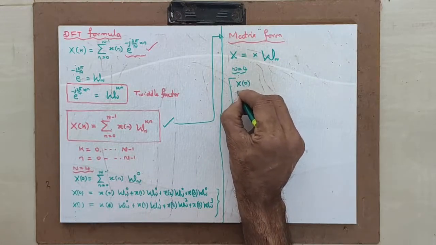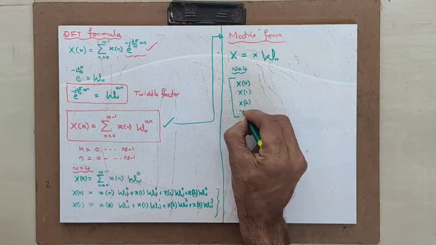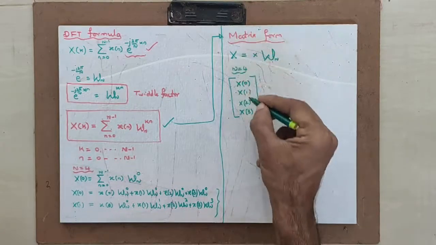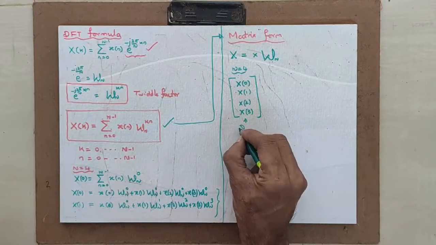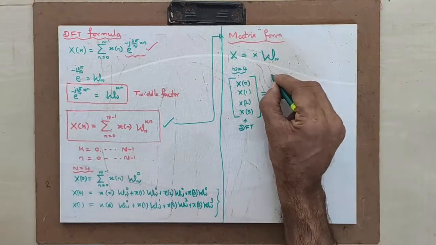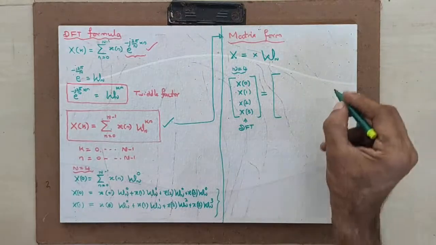X of 0, X of 1, X of 2, X of 3. This is the DFT output, is equal to, first I will write the W, that is the Twiddle factor.